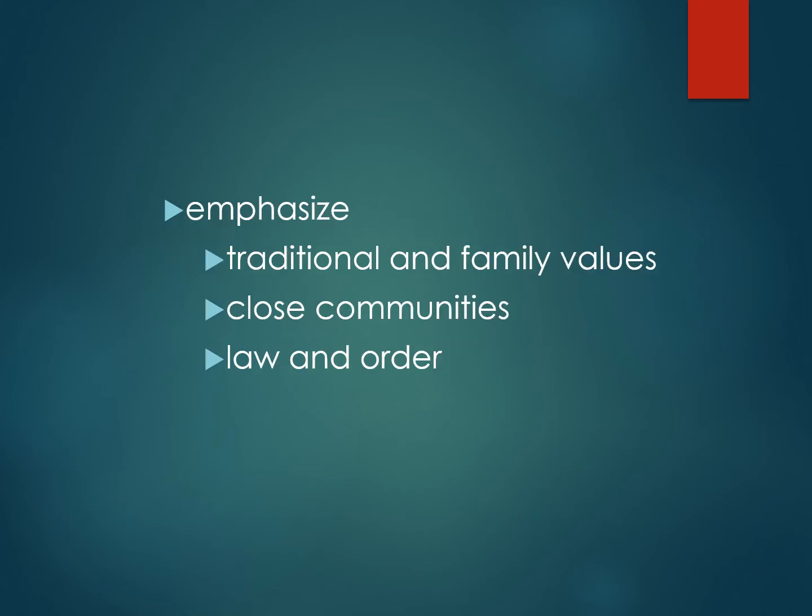Some of the issues that conservatives will emphasize are traditional and family values, and they interpret that as mom, dad, 2.3 kids, a dog, a cat, and a white picket fence, the traditional family. They will also emphasize close communities.